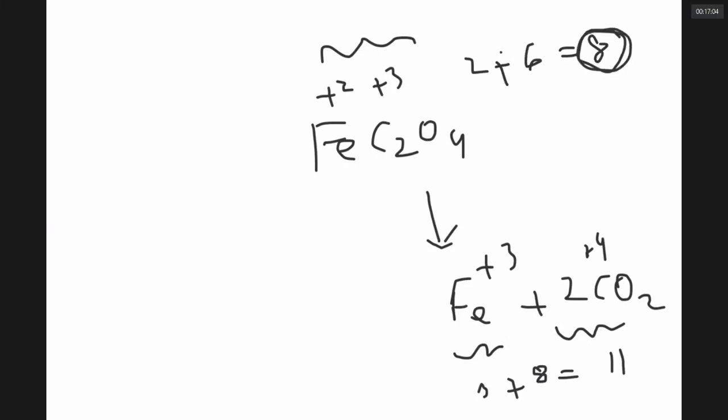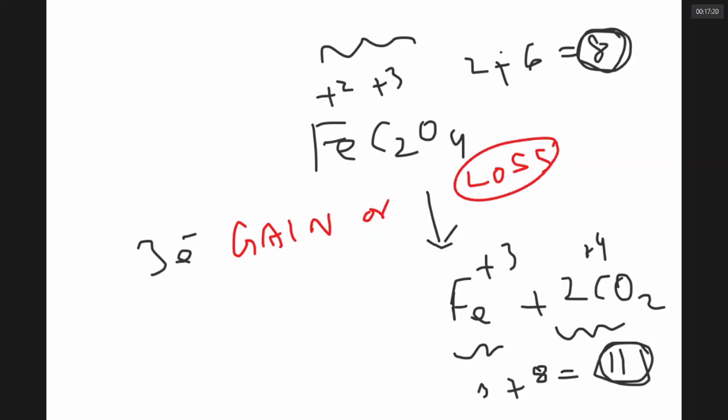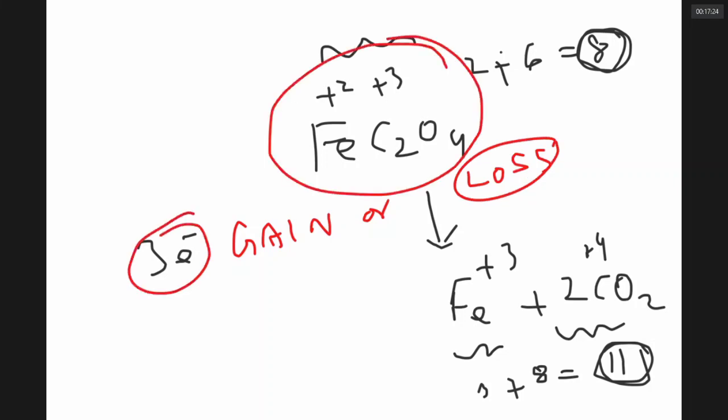Total 8 positive charges are becoming 11 positive charges, means 3 electrons are lost or gained? Lost. So the number of electrons lost is 3. Therefore, the equivalent weight of ferrous oxalate in this reaction is molecular weight by 3. Are we very clear about it?